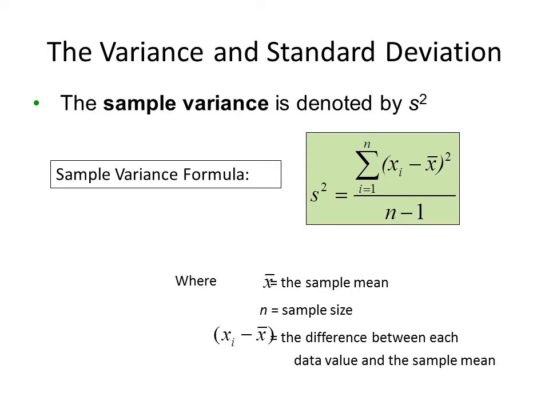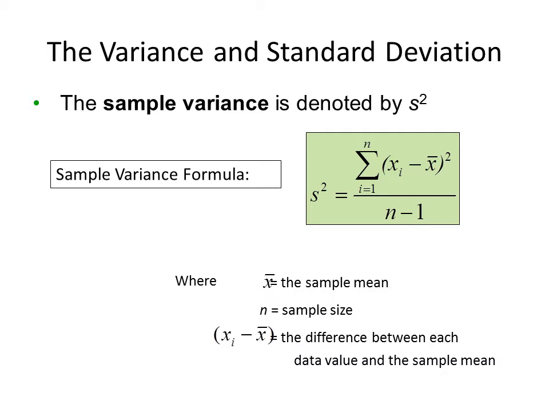Variance and standard deviation play a vital role in descriptive statistics. Standard deviation and variance both tell you how reliable the mean is, how much variability there is in the data. The higher the amount of variability in the data, the less reliable the mean.